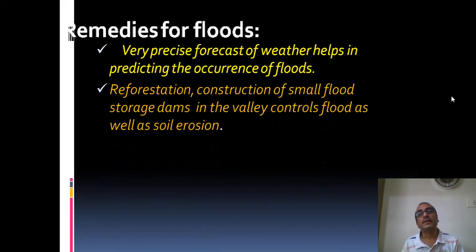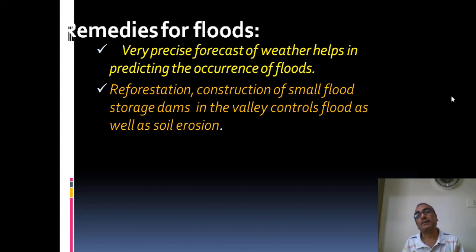And then the other ways are reforestation and construction of small flood storage dams in the valleys, which control floods as well as soil erosion. So what are small flood storage dams?